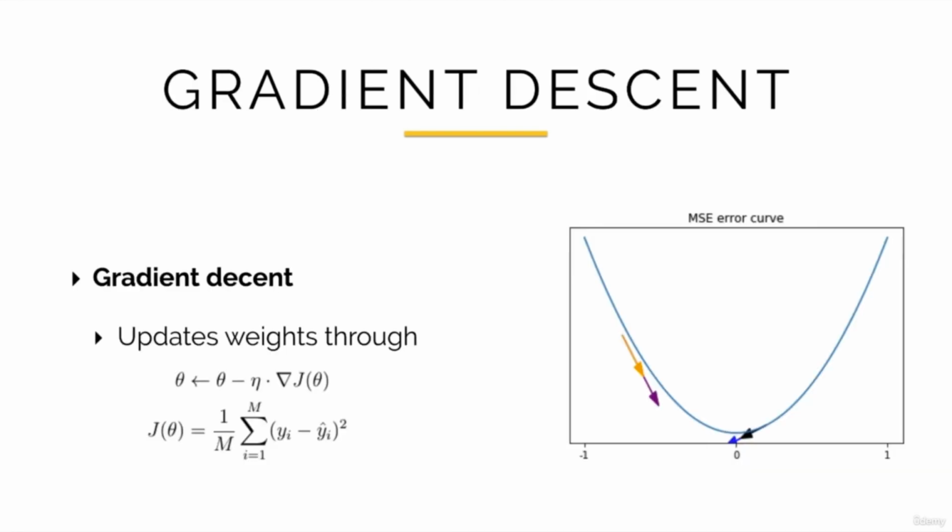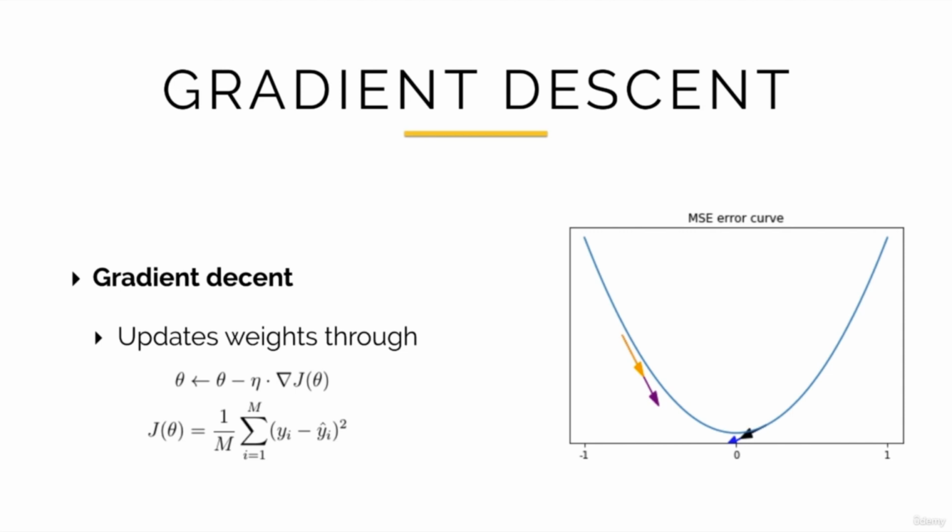All right, let's look at the first algorithm, which is called gradient descent. With gradient descent, all that we're doing is taking our error function, or loss function, or cost function, which in this case, for example, is the mean squared error that we talked about in the regression case.